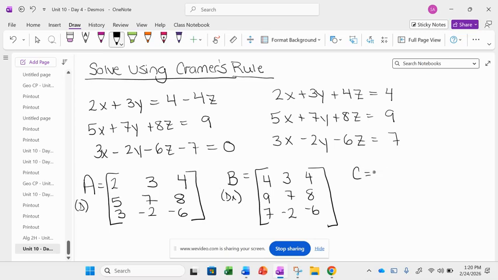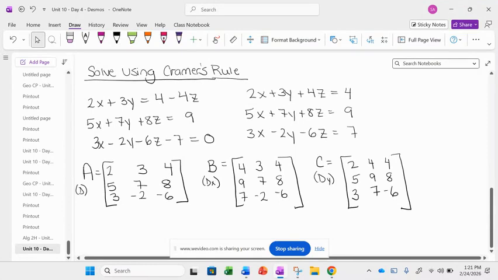And then I'm going to go on to matrix C, which is what we used to call D sub Y. And this time, I'm going to replace the Y column with the constants. So 2, 5, 3. Now I'm going to replace the middle column with 4, 9, 7. And then 4, 8, -6 stays the same.